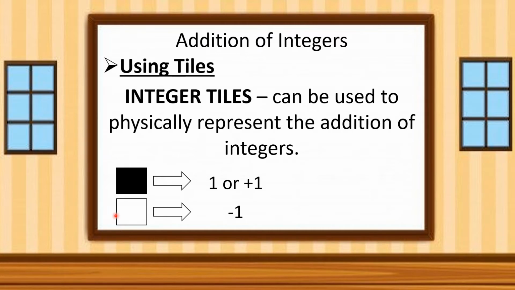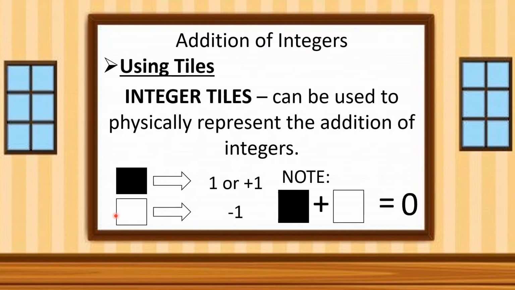Take note of this na kapag meron kayong neutral pair, so pag sinabi natin neutral pair, isang shaded at saka isang unshaded, pag pinag-add po natin sila, they are equal to 0. So positive 1 plus negative 1 is equal to 0. So pag meron kayo nakitang magkapares na isang shaded tile at saka unshaded tile, automatic they are equal to 0.